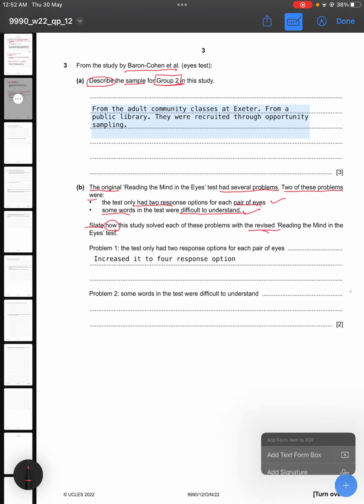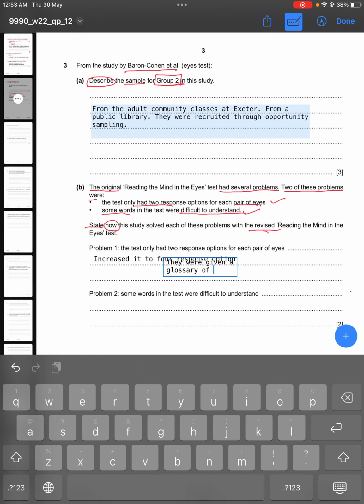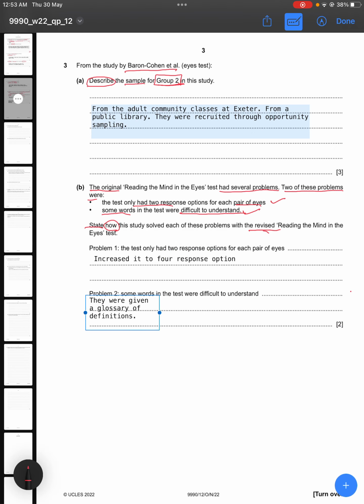You are going to get 1 mark for each solution. And problem 2 says some words in the test were difficult to understand. So what was the solution to that? It was that they were given a glossary of definitions so that they can understand the meanings of each word.